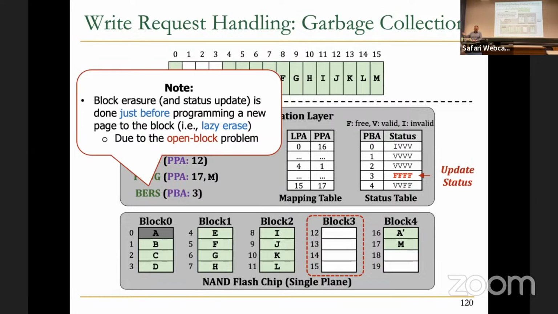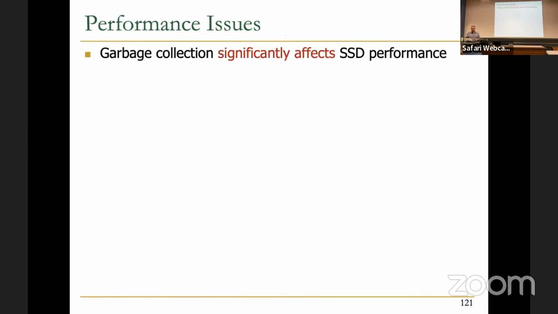So you delay the erase operation until you need it, because we issue garbage collection sooner than we really need it. So you have a block that you can easily erase, but you wait until you really need to erase it. And that's also important for reliability issues.